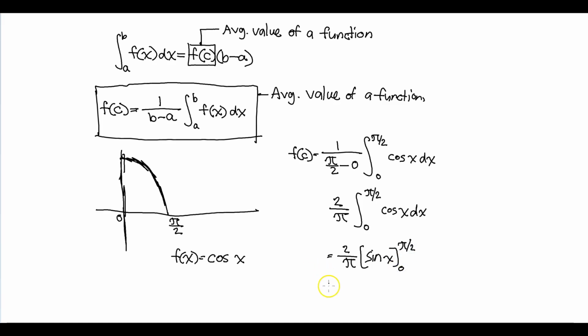Using the first fundamental theorem, we evaluate this antiderivative at pi over 2, then subtract the antiderivative evaluated at our bottom limit, 0. Sine of 0 is 0, sine of pi over 2 is 1. So we have 1 minus 0 is 1. So we get 2 over pi.